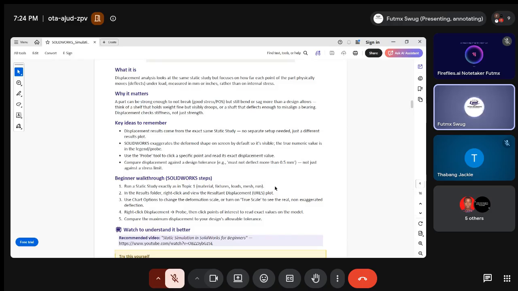So when you are designing, maybe for a bridge, there's a particular allowable deflection that is allowed in your analysis. But when your deflection starts to go above that allowable deflection or tolerance, you know that you have to reinforce that particular structure. So that's all about static.